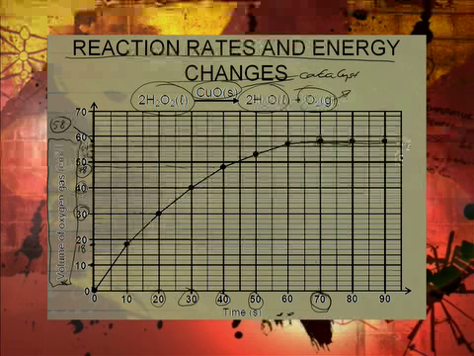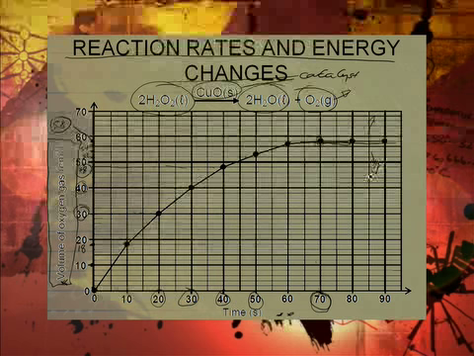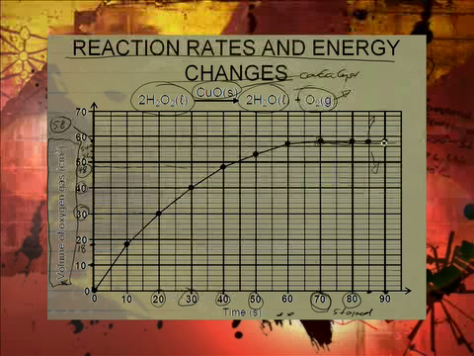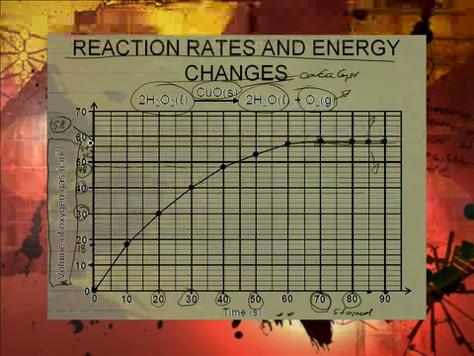The graph is neither going up nor down. What does it mean? It means our reaction actually ended or stopped when the time was 70 seconds. When the time was 80, we're still seeing 58 cubic centimeters. The time is 85 seconds, still at 58 cubic centimeters. Time at 90, still at 58 cubic centimeters.